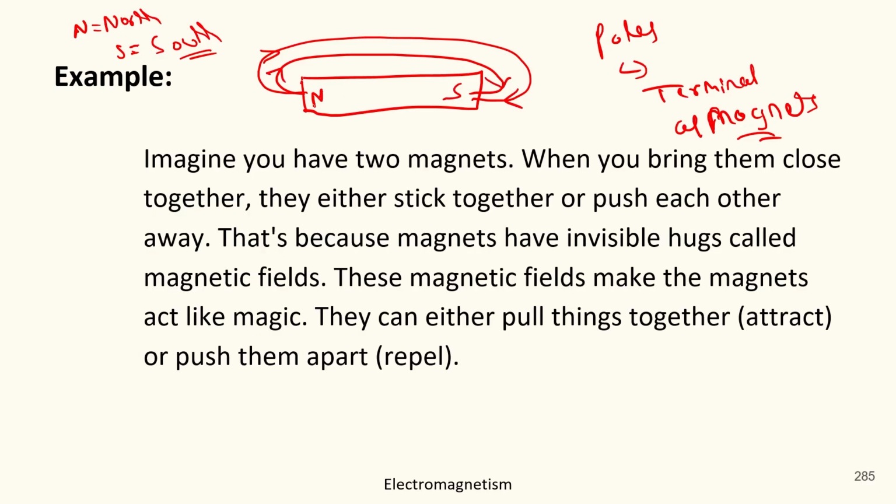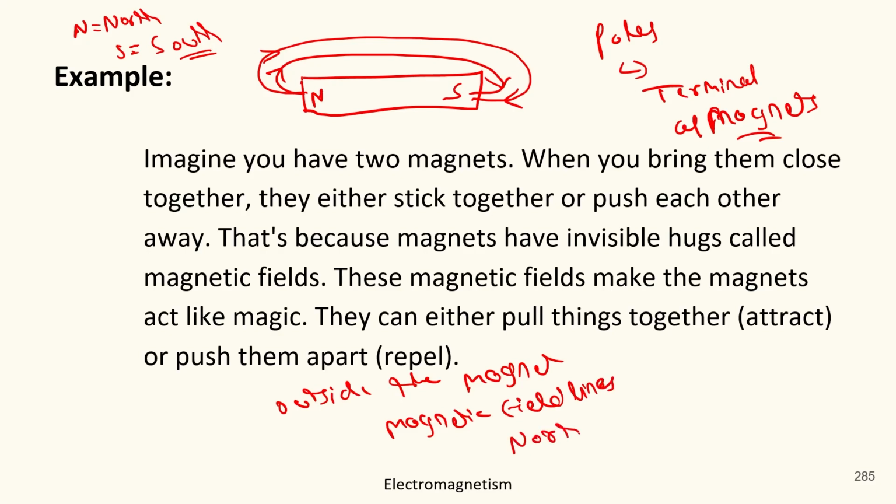Got it? Outside the magnet, the magnetic field lines originate from the north pole and go to the south pole.